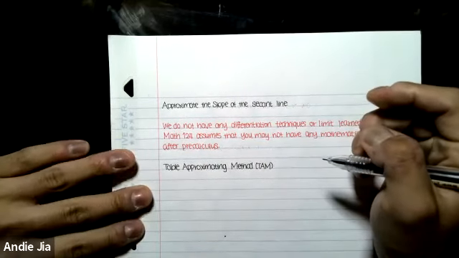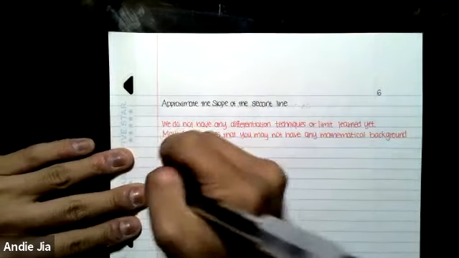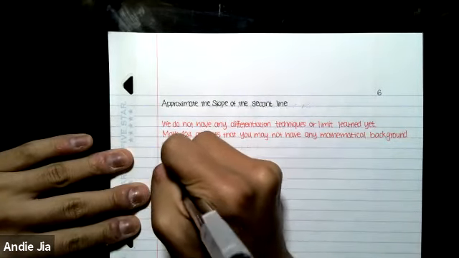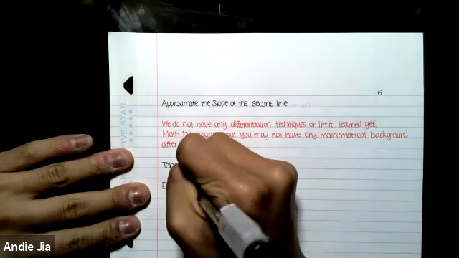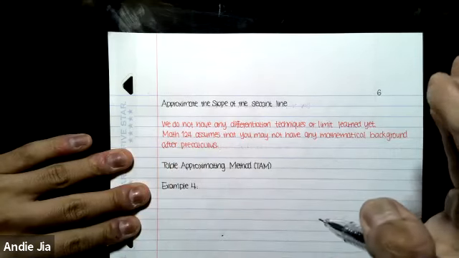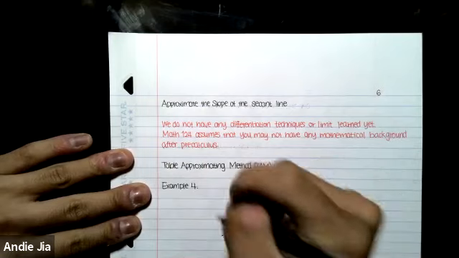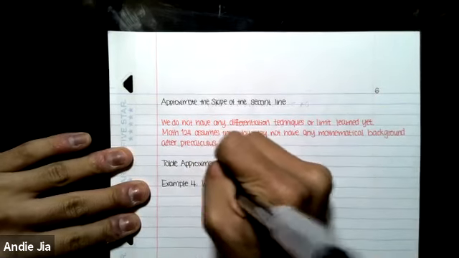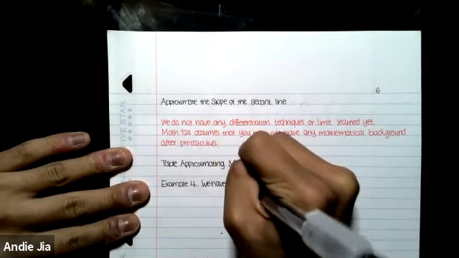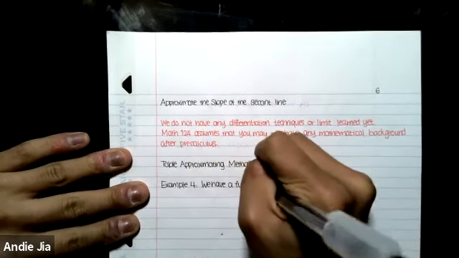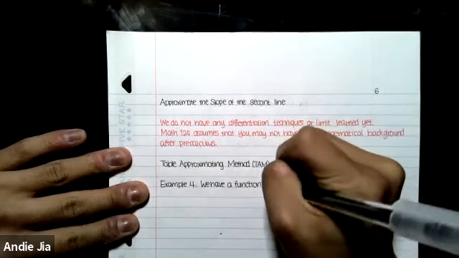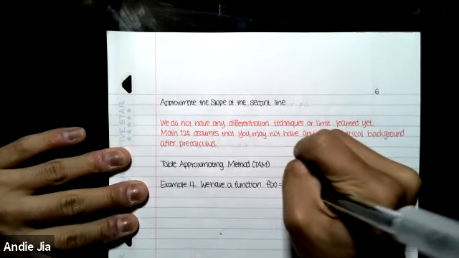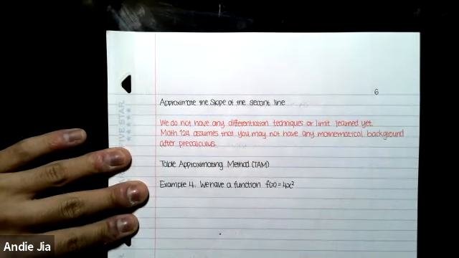For example, here we have a function f of x equals 4x squared.